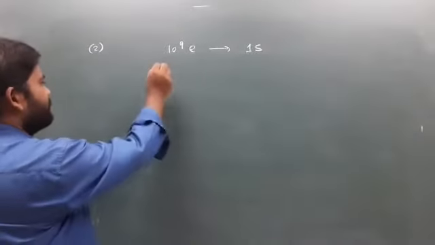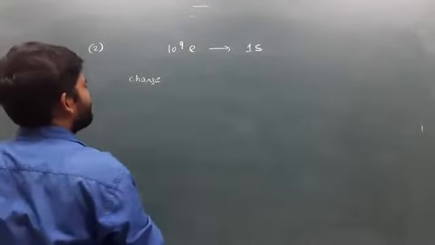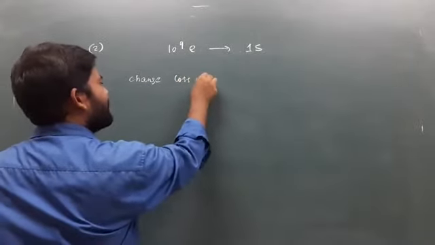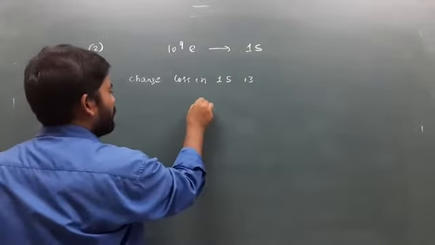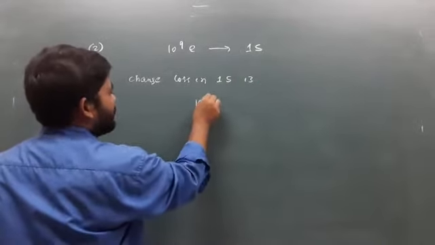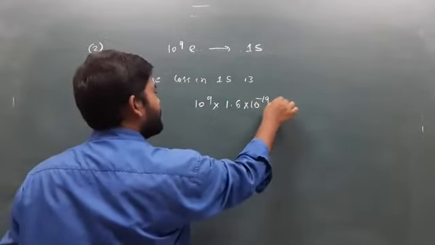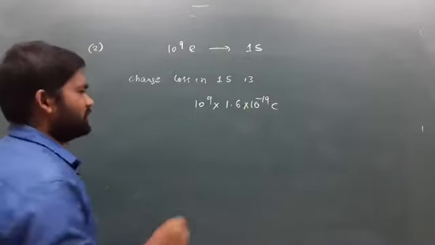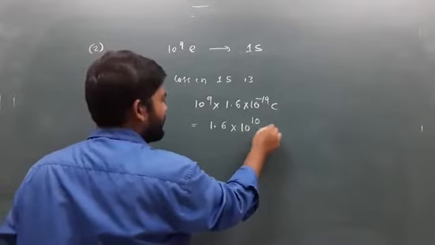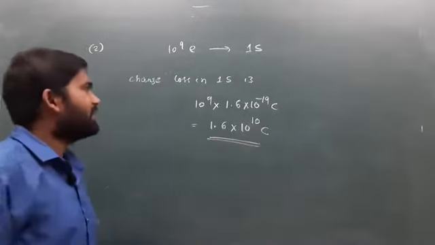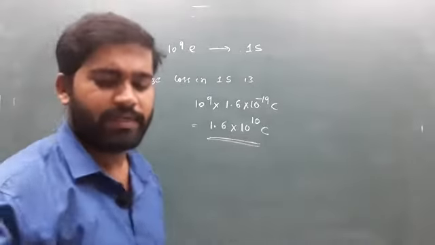The charge lost in 1 second is 10 to the power 9 into 1.6 into 10 to the power minus 19 coulomb. That will be 1.6 into 10 to the power minus 10 coulombs, so in 1 second it loses a charge equal to 1.6 into 10 to the power minus 10 coulomb.